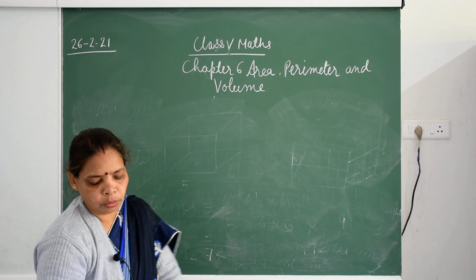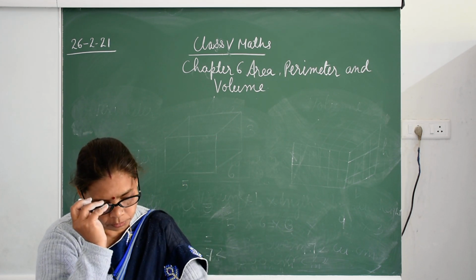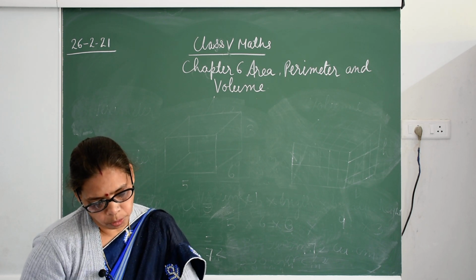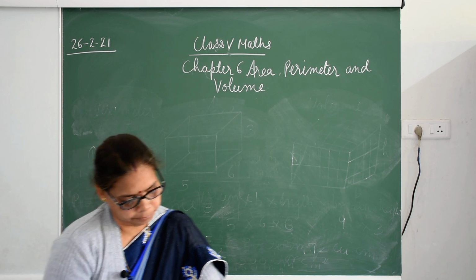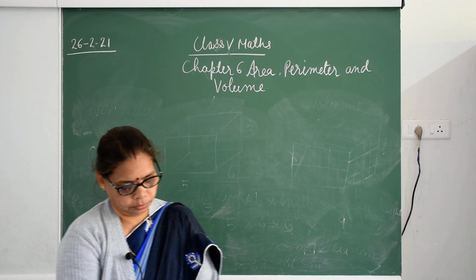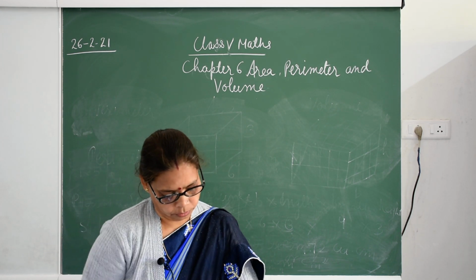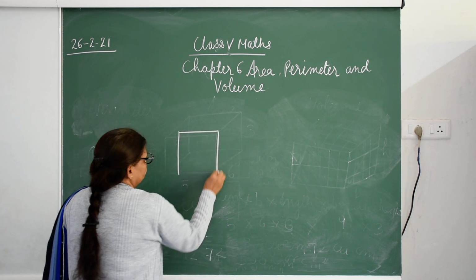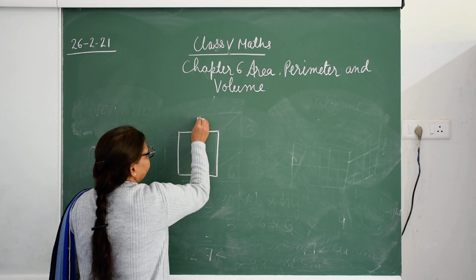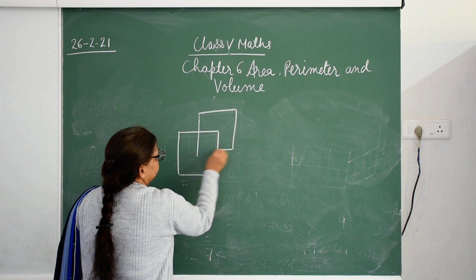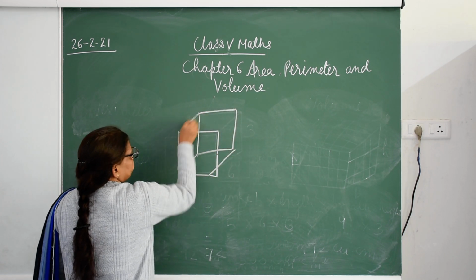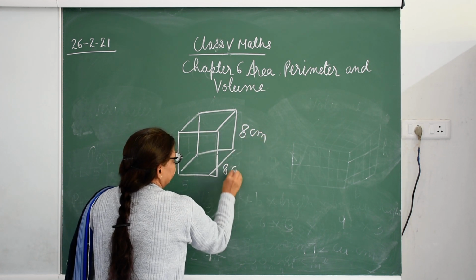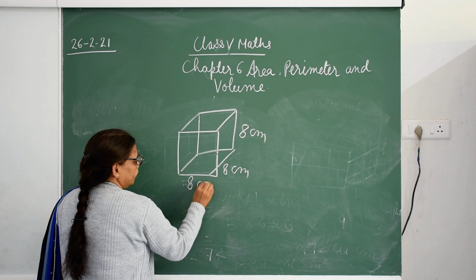Now find the volume of a cube. Cube is in the form of a square: 8 centimeter, 8 centimeter and 8 centimeter.